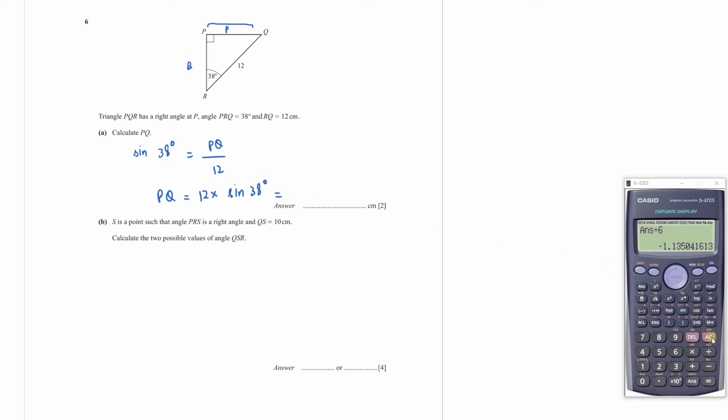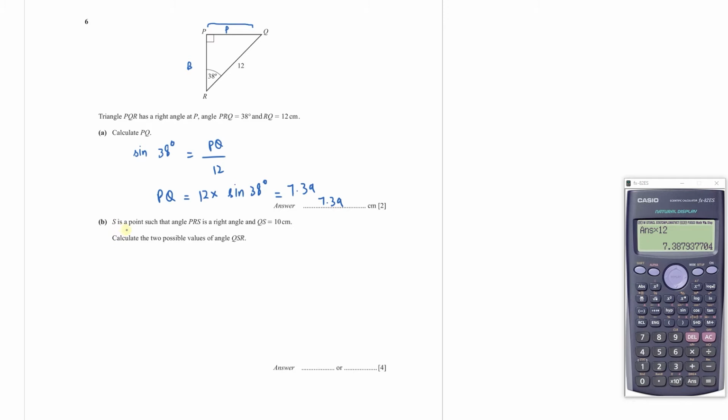So let's calculate that. Sine of 38 multiplied by 12. So this will be 7.39 up to three significant figures. So this will be 7.39 centimeters.